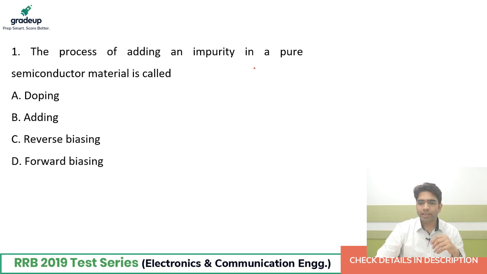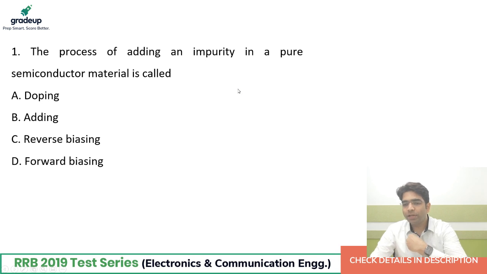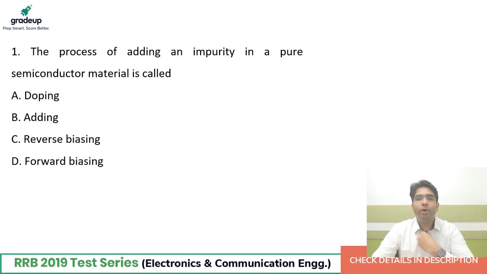Intrinsic type of semiconductors are added with an impurity, and this process is known as doping. Doping is done to enhance the electrical property of a material.